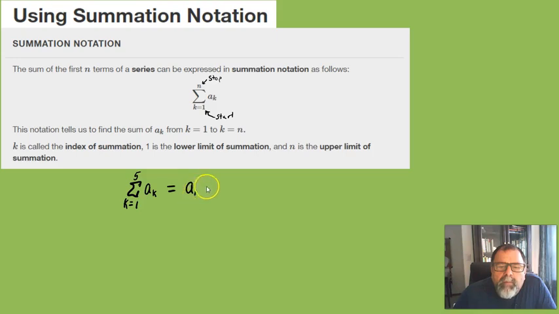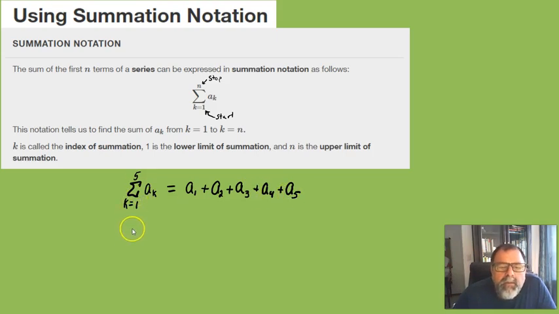So that would be a sub 1, and then you index it, and you go to 2, and then you just keep going up by 1 until you get to the terminal, the upper limit of summation, using the book's terms here. So we're going to keep indexing it until we get to 5. And you're going to add up all these terms.